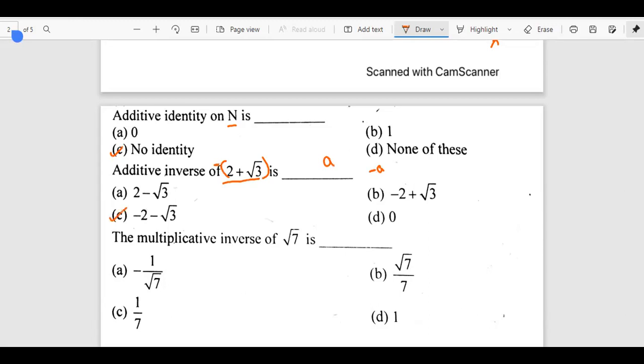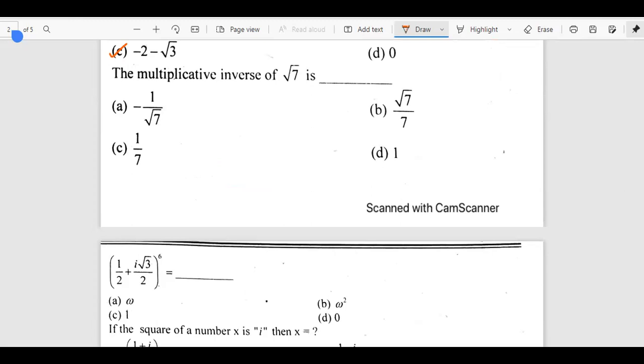So C would be the answer. Very good. Excellent. Okay. Then if we have the multiplicative inverse of under root 7 is, now again multiplicative inverse. Multiplicative inverse of any number is such a number that when we multiply it with this number, we get the multiplicative identity, that is 1.